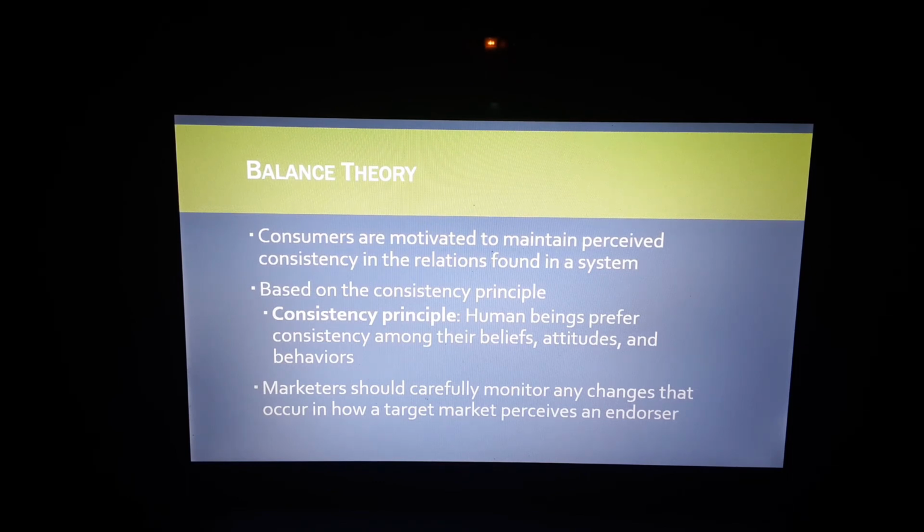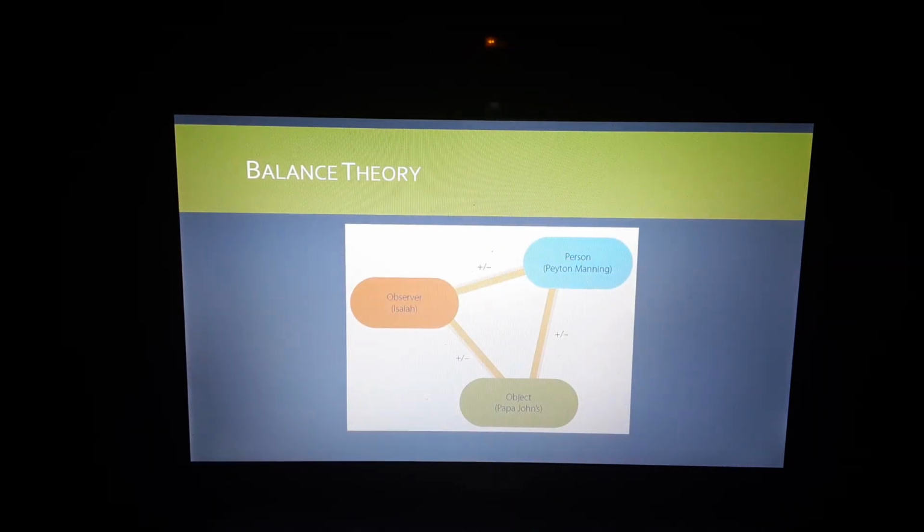And it's important for marketers to understand how target markets might perceive, for example, an endorser, someone who's endorsing a product, an opinion leader. So there you go, there's an example. Someone as an observer, Peyton Manning endorsing Papa John's might have an influence on them. It balances it out. They might not have a good attitude towards Papa John's, but if Peyton Manning says it's okay, then it must be okay.